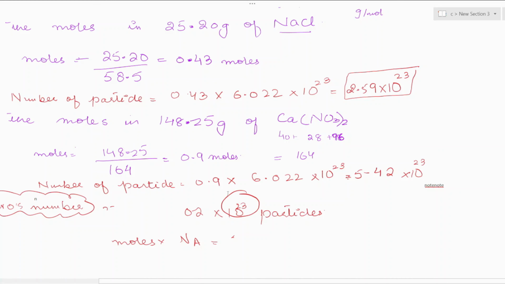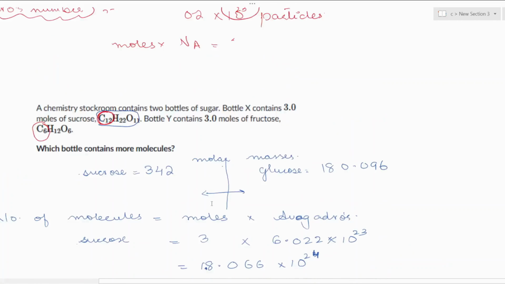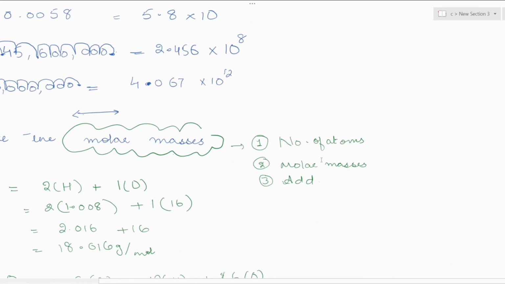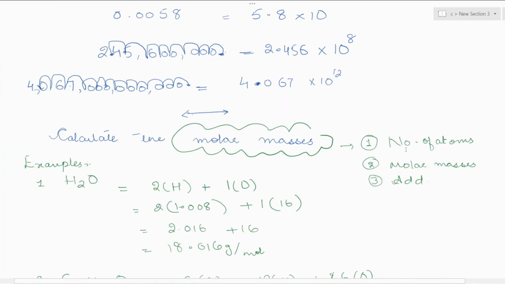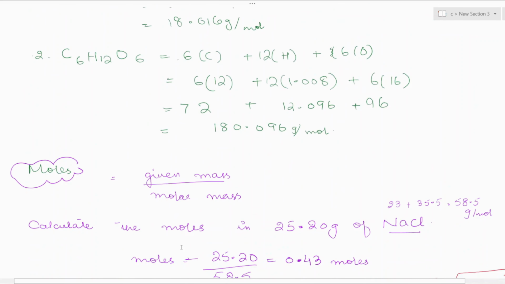Moles are equal to given mass over molar mass. Given mass means whatever is given in the question, and molar mass we can calculate, right?